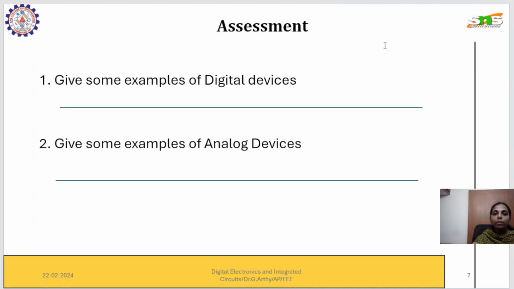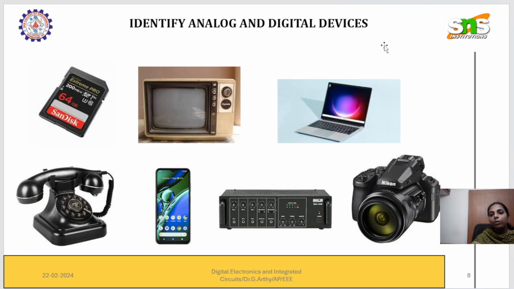So coming to the assessment point, this is VR assessment. Just you can think of some devices which are digital in nature. Nowadays, most of the devices are digital in nature. We prefer digital systems nowadays. And you can give some examples for analog signal devices too. So now you see here I have mentioned some analog and digital devices.